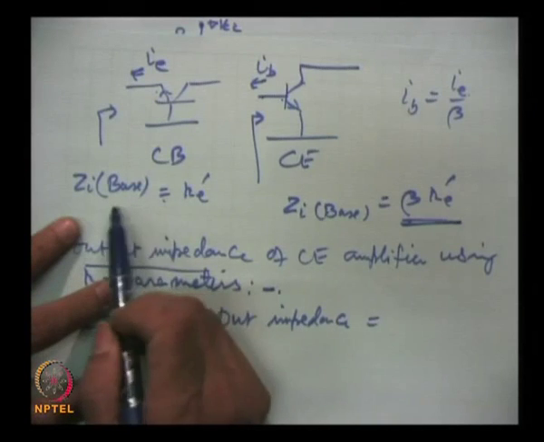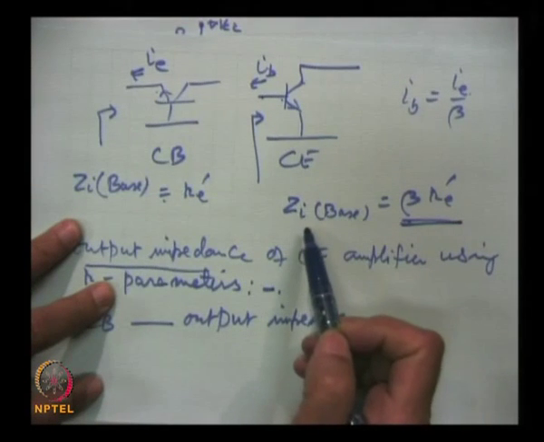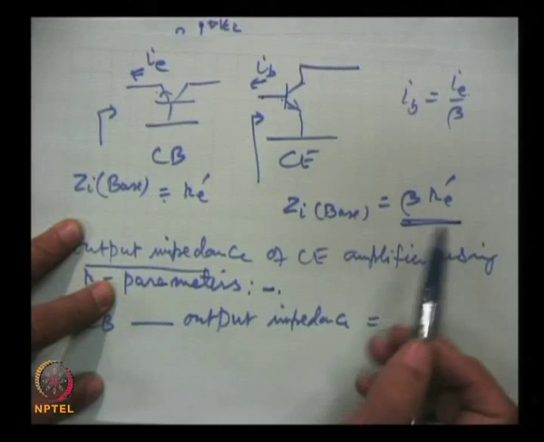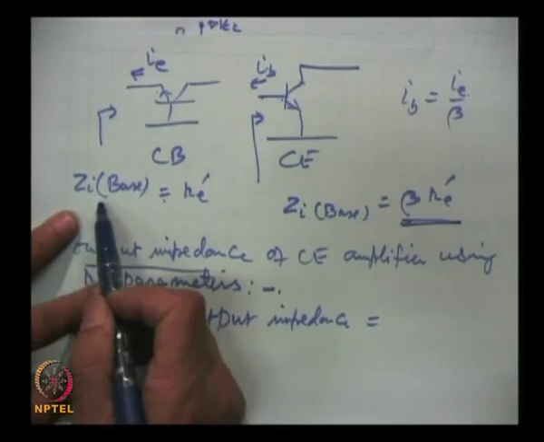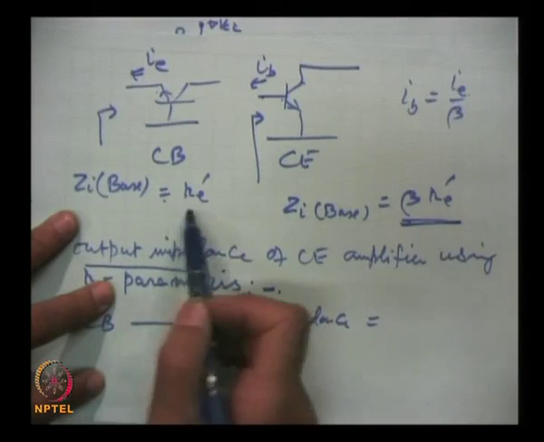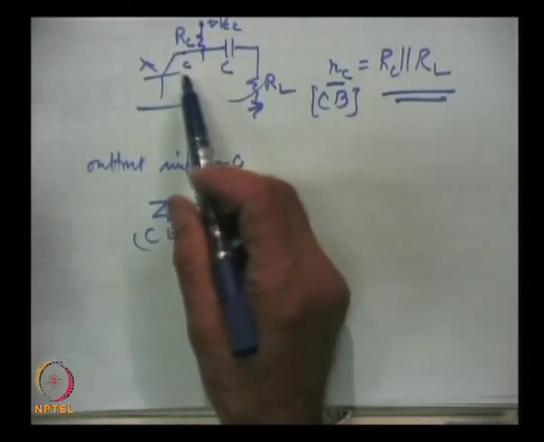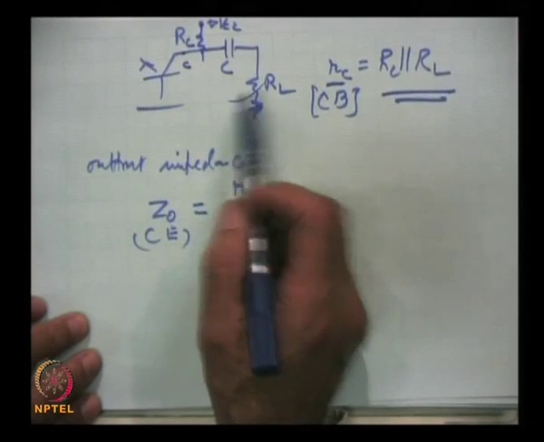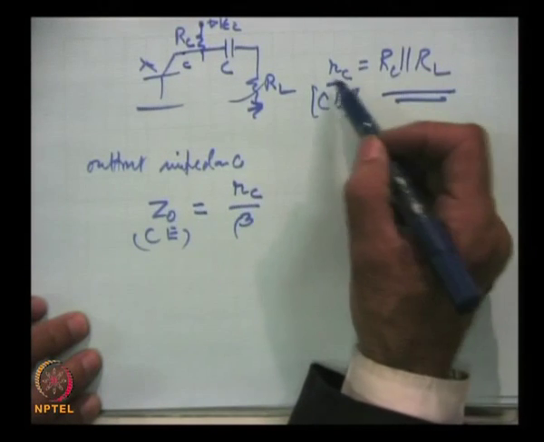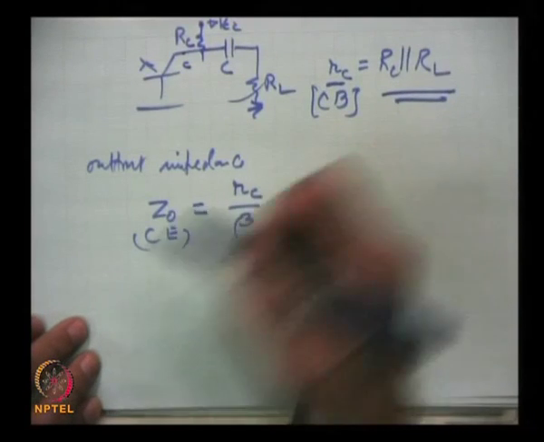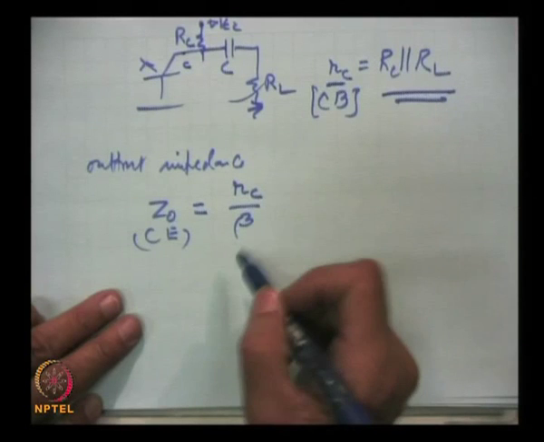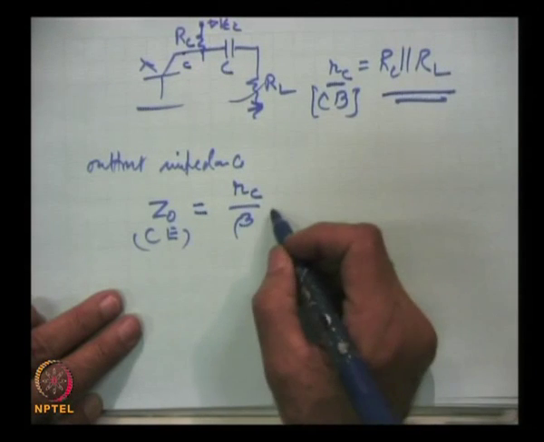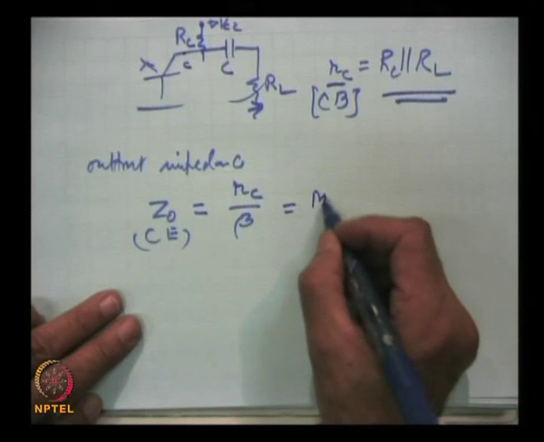We have derived that input impedance in the common emitter circuit comes to beta times the impedance of the CB circuit, re prime. For the common base circuit, output impedance is simply RC, and it can be worked out that the output impedance in CE comes out to be divided by beta, so it is less. So, it is moderate or low.